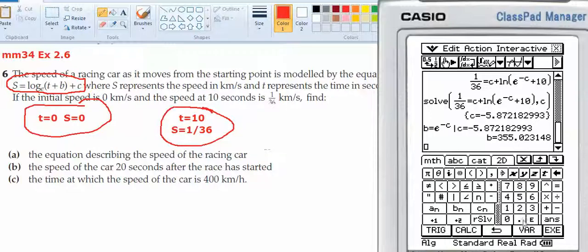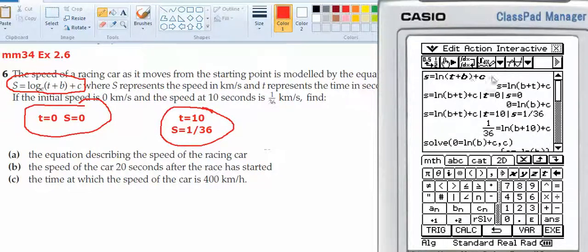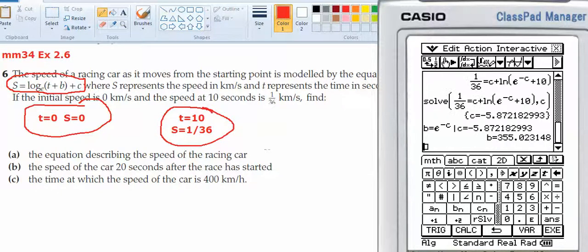So I should have, I'll go right up the top, take that, copy, come back down, paste, s equals ln of t plus b, which is 355.023 to 3 decimal places, plus c, which is minus 5.872 to 3 decimal places.